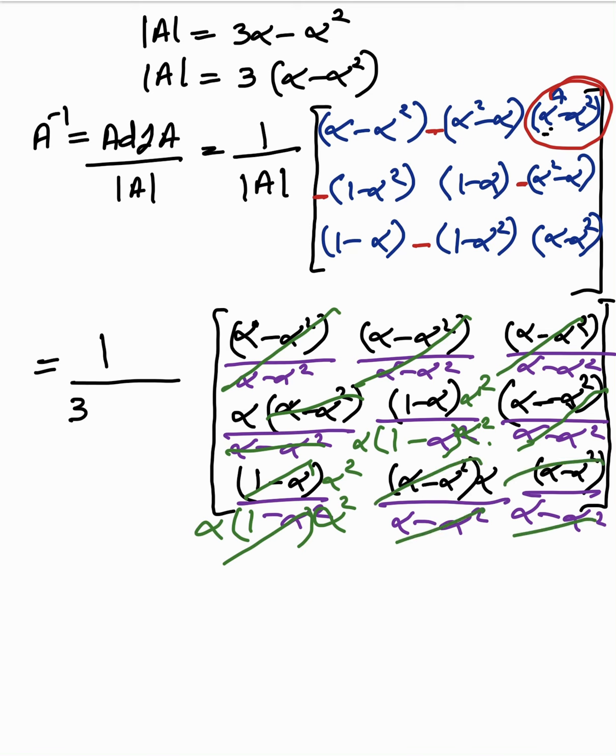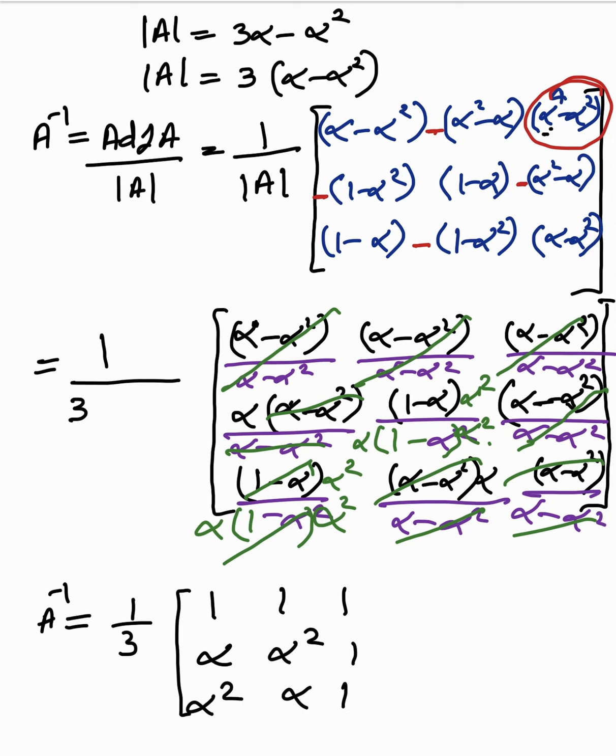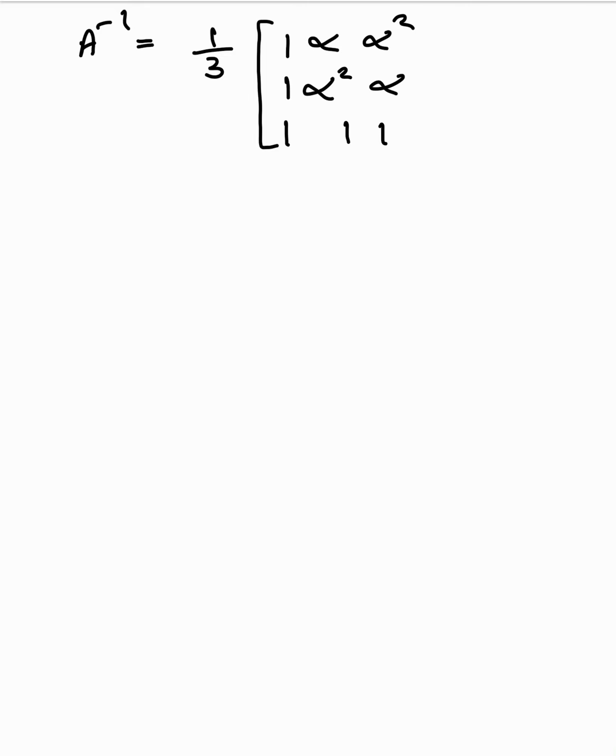So now finally the inverse value is 1 upon 3, and matrix 1 1 1, alpha, alpha square and 1, alpha square, alpha, 1, and then take the transpose, and then calculate the inverse parameter. The inverse is 1 upon 3, and the final matrix is 1 alpha square, 1 alpha square alpha, 1 1 1 1.